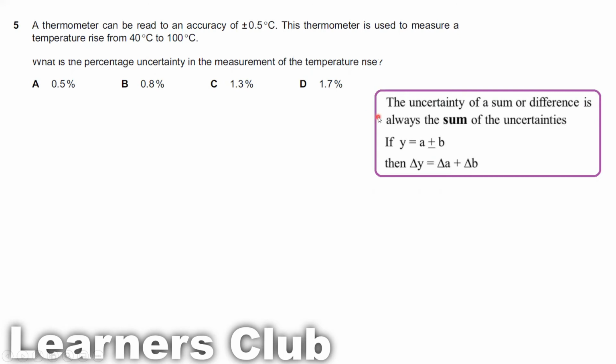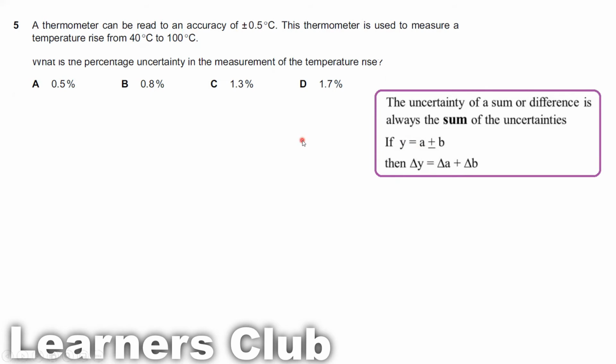Now the uncertainty rule is that if you have to sum up or to find the difference, then your uncertainty will always be added. So if you have Y is equal to A plus B, or A minus B, your uncertainty will always be the addition of both of their uncertainties.